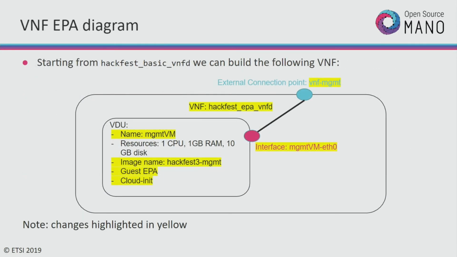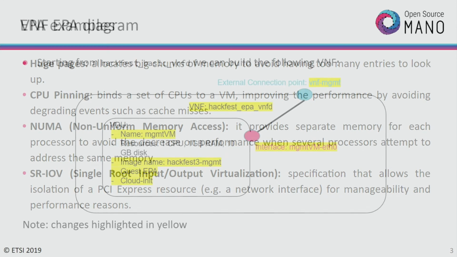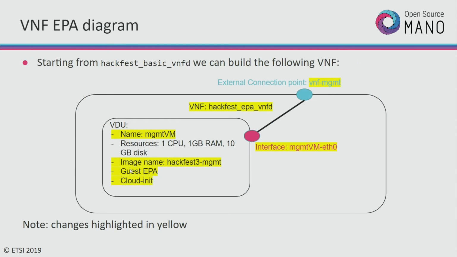So in this case, you're going to develop a small EPA example. We are going to use huge pages, CPU pinning, and NUMA. SR-IOV is going to be done in a later session. And in this case, you need to use the Hackfest basic VNFD from the session from the morning from Abu Bakr.